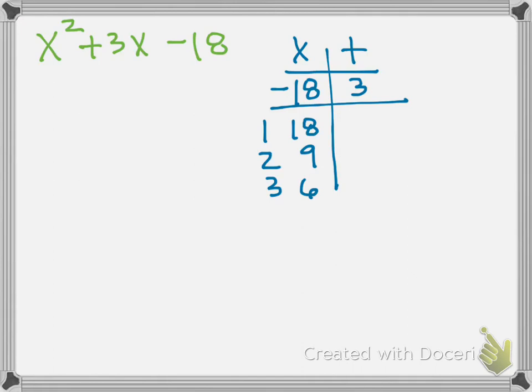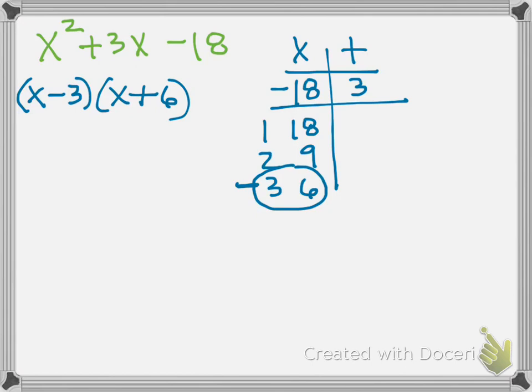And then I want a positive 3, so I have to think about it. I know these numbers are the ones I'm using, because 6 subtract 3 gives me 3. So that's how I decide where to put the negative. X minus 3, x plus 6. That's the final answer.